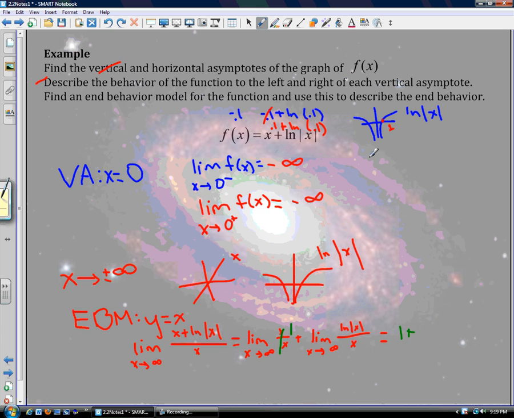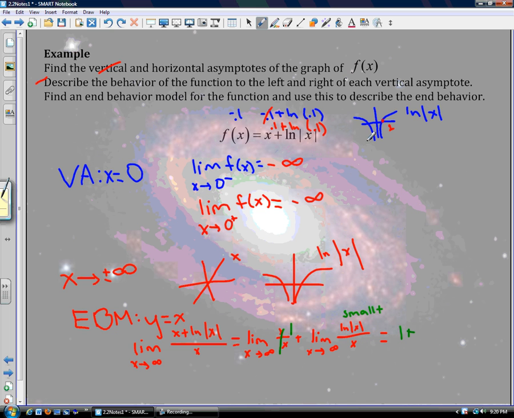So again, we're thinking about what this function looks like divided by x. As I'm going to infinity, because I have my limit as x goes to infinity down here, this is going to approach positive infinity, but slower and slower and slower. So I have a relatively small infinity, a small positive number, divided by x.